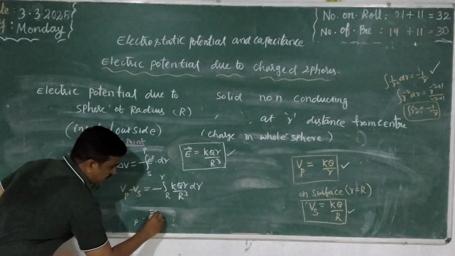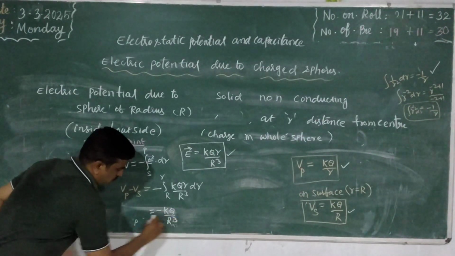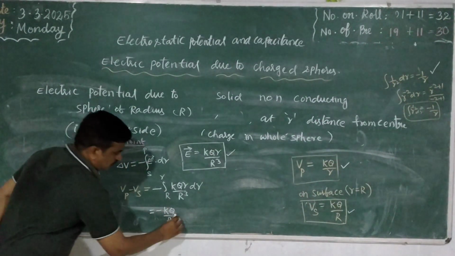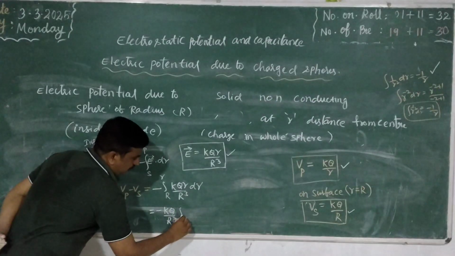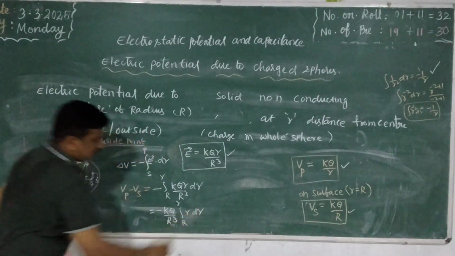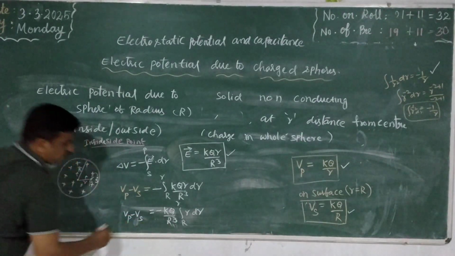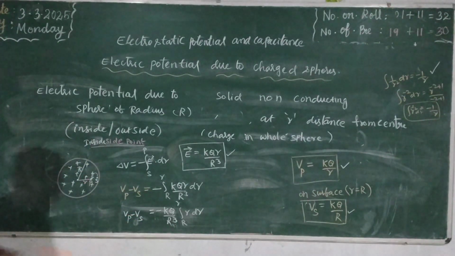So I write minus KQ by R cube as constant, with integral from capital R to small r of r dr. It is Vp minus Vs, potential at surface, yes?